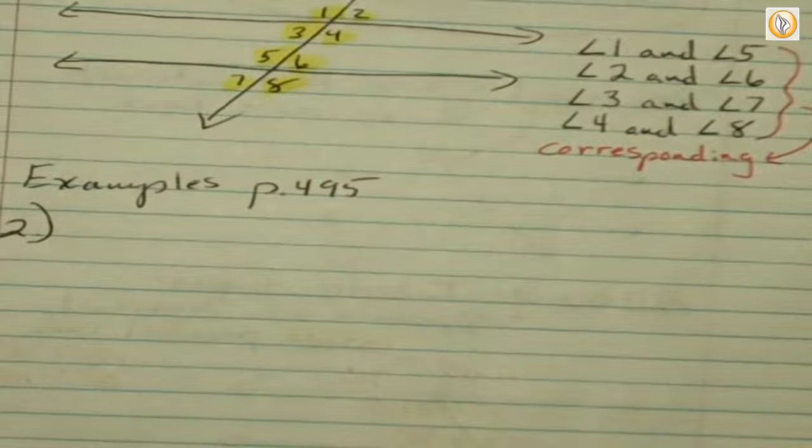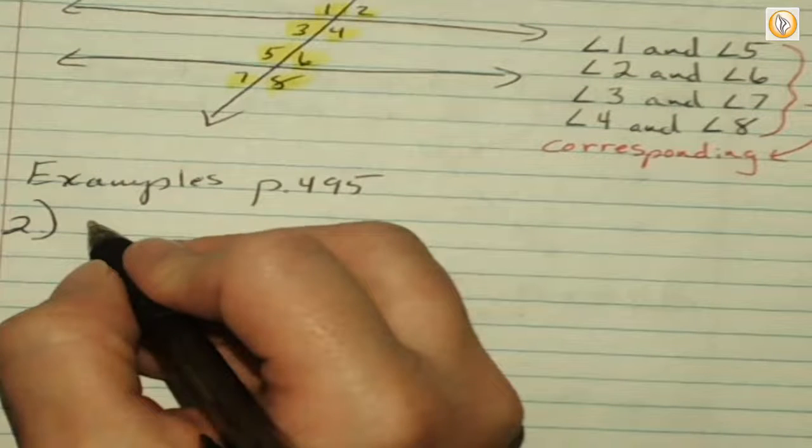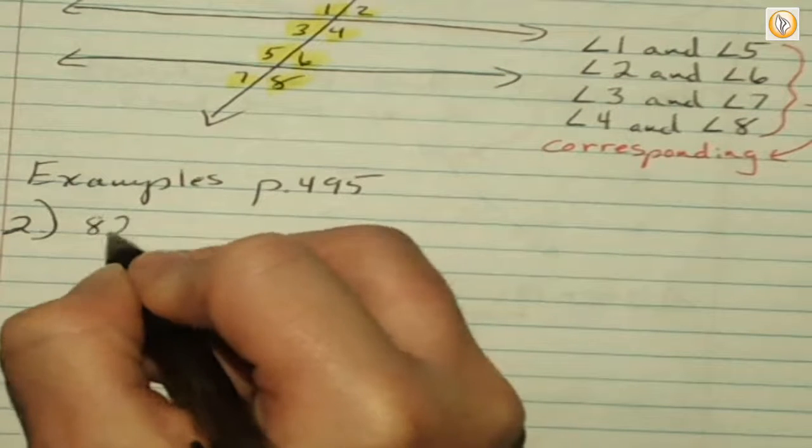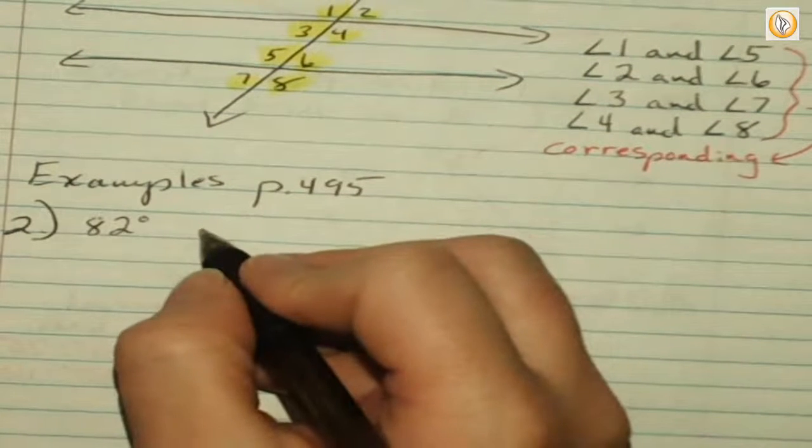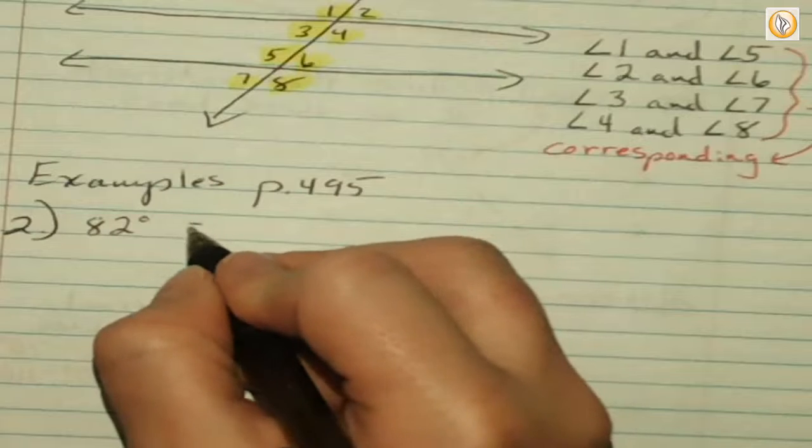Are you on page 495? Oops, I was on it and then it flipped. Okay, 495. Find the complement of the following angles. All right, so number 2 is 82 degrees. What would the complement be?